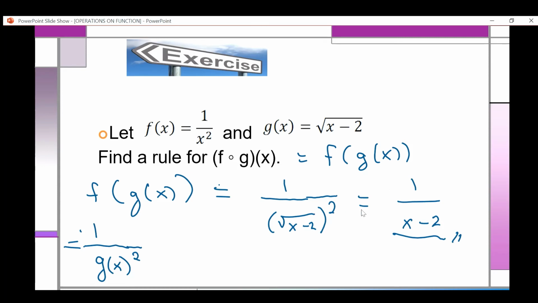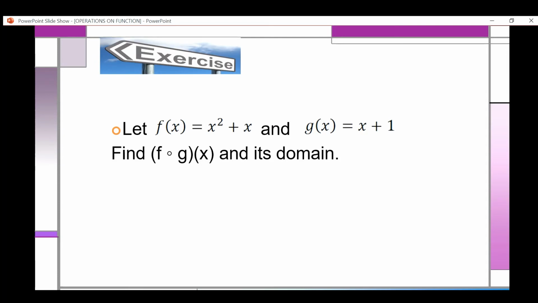So, ang magiging final answer is 1 over x minus 2. Okay? Nagets niyo ba? More pa? Okay, so sige nga, try natin ulit to. Let f of x be x squared plus x and g of x be x plus 1. So, find f of g of x and its domain.